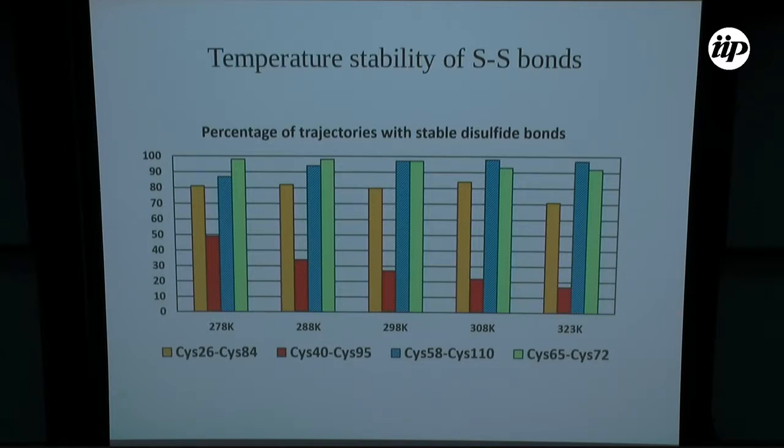We found even that 2 disulfide bonds are extremely strongly formed, and I would like to keep in mind those two, 58-110 and 65-72, that throughout the whole temperature range, we have preserved almost 100% of formed disulfide bonds, even in a high temperature.